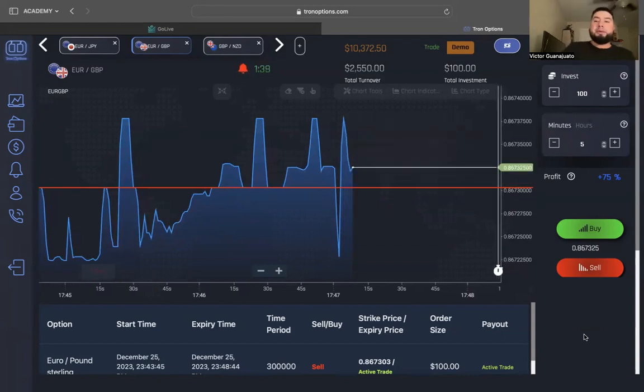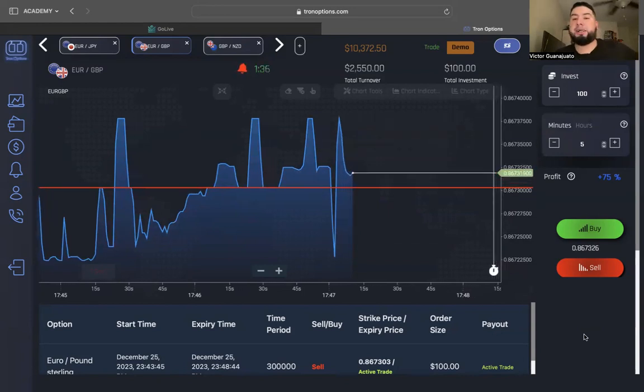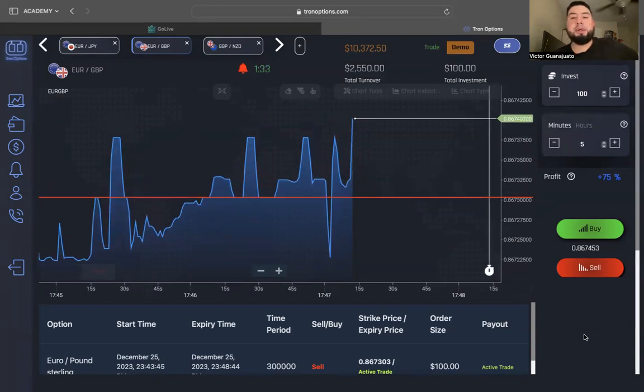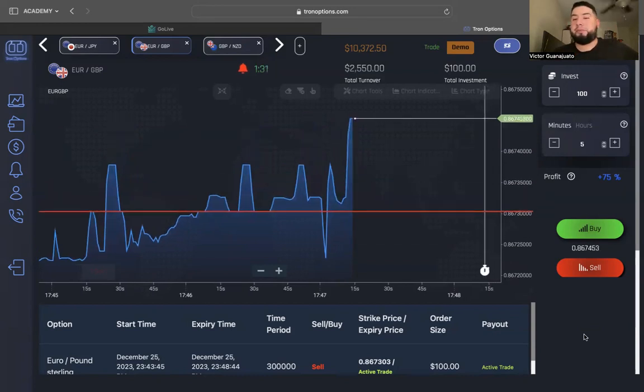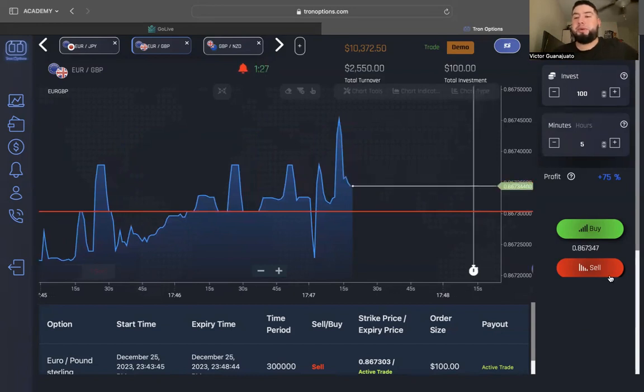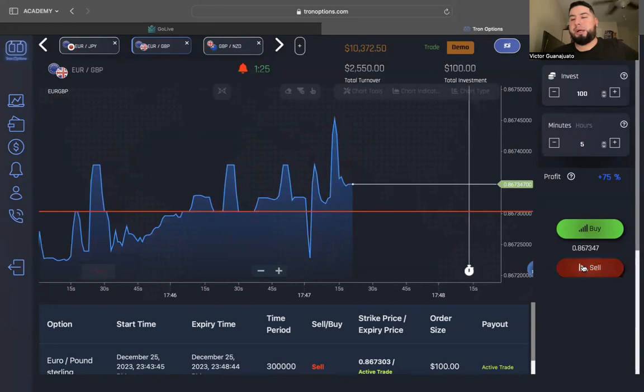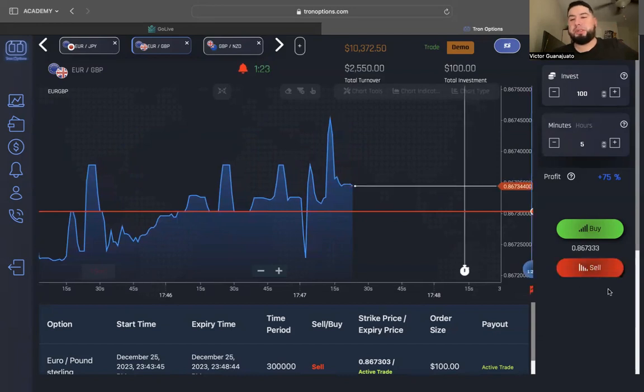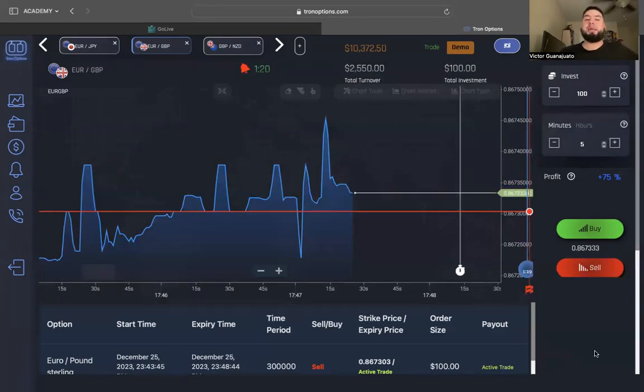Okay. Now, I want to explain to you guys also this little thing, basically a little advice. Well, not advice, it's just for you to make it easier. If you're asking yourself, how do I know when I'm going to press the red or the green button? I'm about to show you that as well.